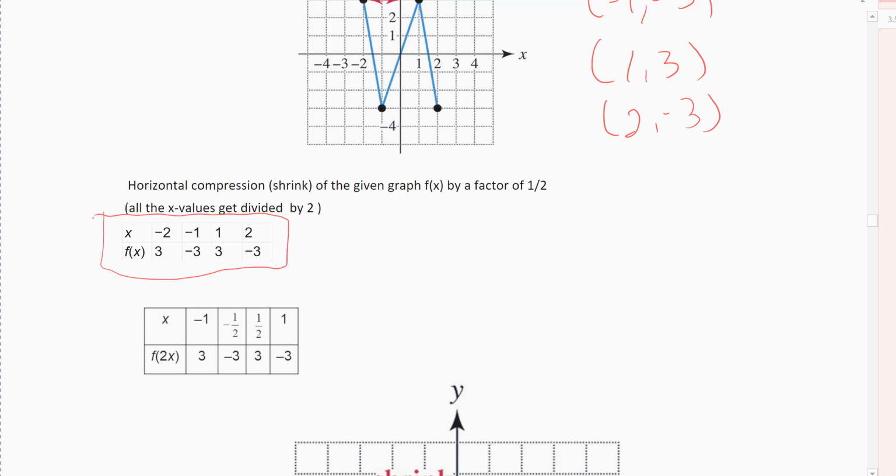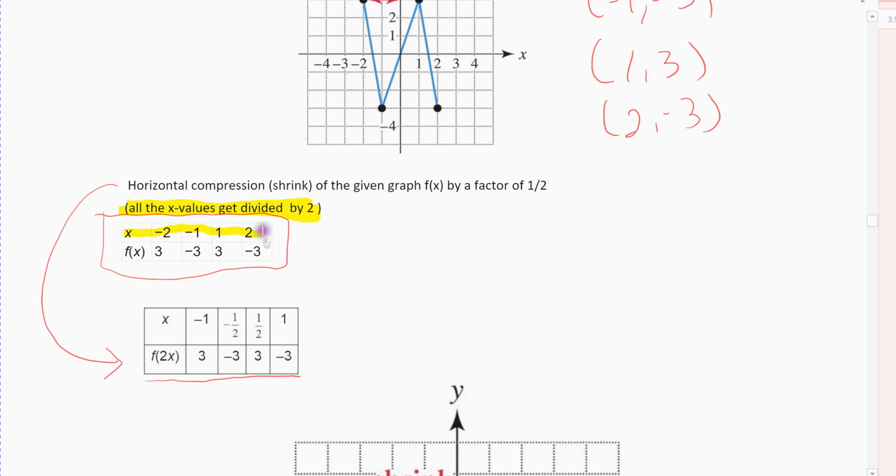In order to get a compression inside, we're going to multiply by 2. Instead of f of x, it's f of 2 times x. The function values are all the same. What we change are the x values. The x values get divided by whatever that number was out front.